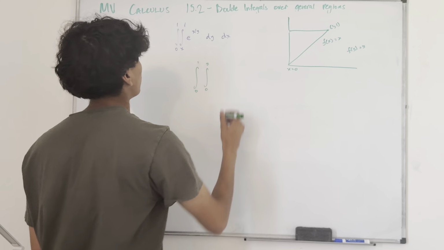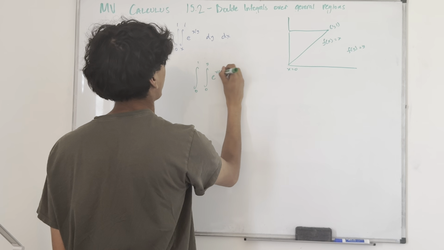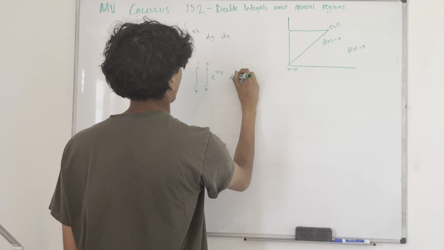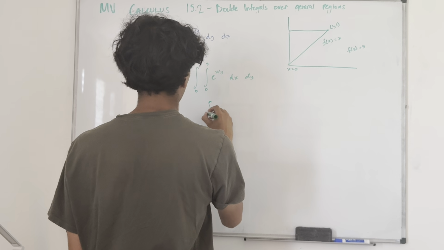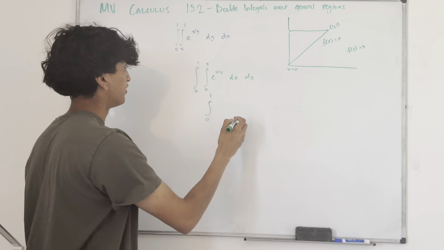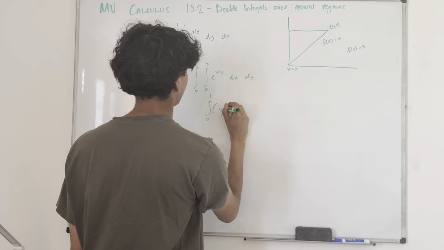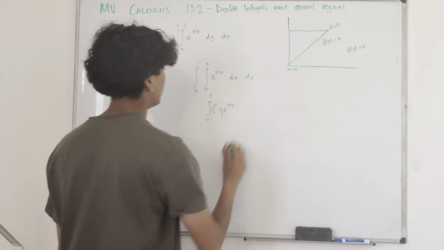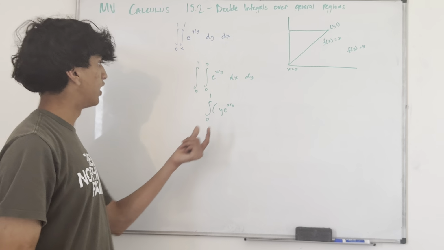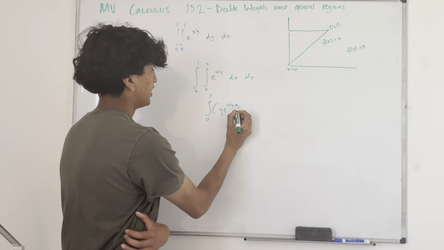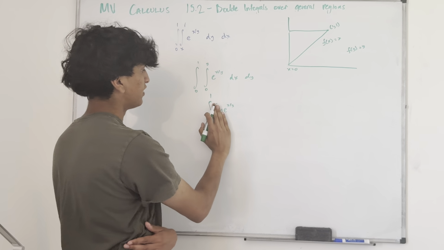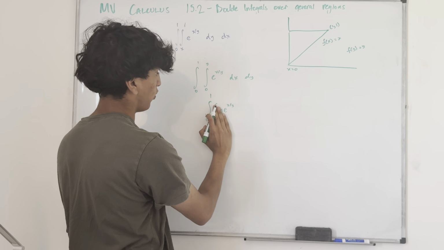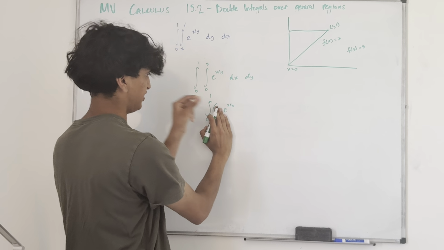Cool. So we're going to do e to the x over y dx dy now. This is pretty easy to evaluate, because the integral of this will end up being y times e to the x over y. This is just reverse chain rule: if I take the derivative of e to the x over y, I would get 1 over y times e to the x over y.